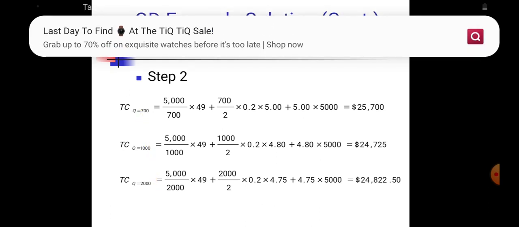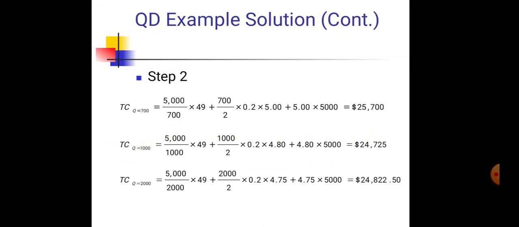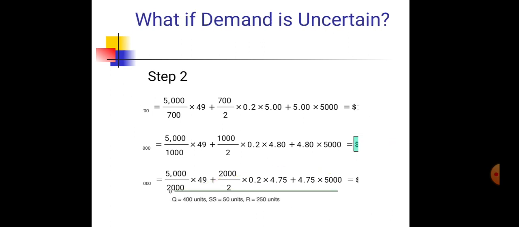Which is the lesser cost? The second one is the lesser cost, considering Q equal to 1000. Considering Q equal to 1000 as the quantity, it is the second slot. So your total cost is less here.